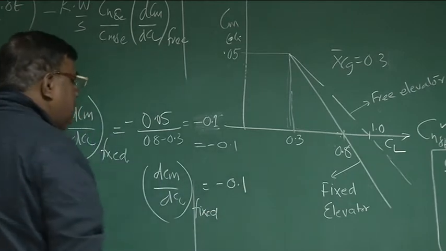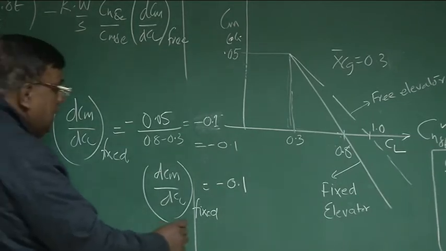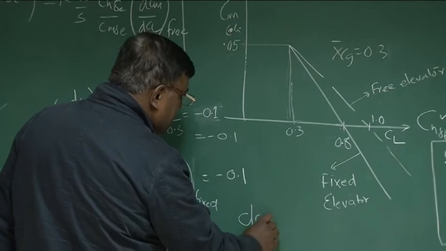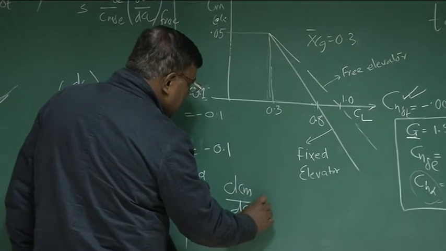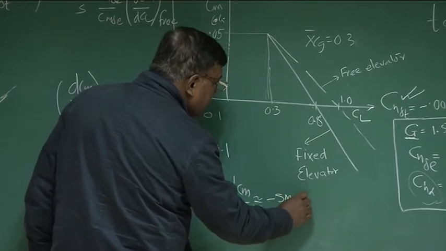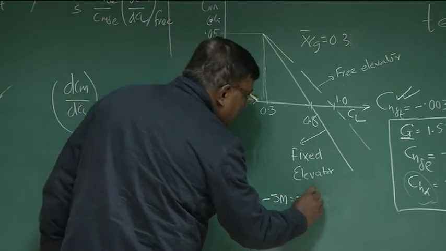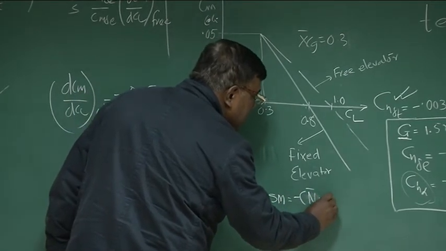So what is the interpretation of this? That means it has a static stability margin of 10%, because I know dCm by dCl I can approximately write as minus static margin, or minus of the neutral point minus xcg.